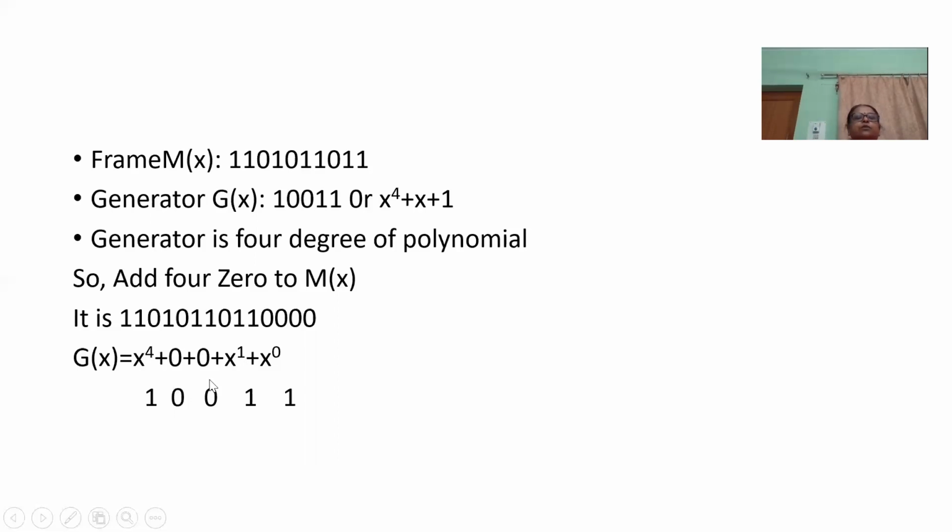This is for 0, 0, and x to the power 1, here I put 1, and plus x to the power 0. It means for the term of x that is given, I put 1, and for the term that is not given, I put 0. X to the power 3 is not given, so I put 0 here. X to the power 2 is not given, so I put 0 here.